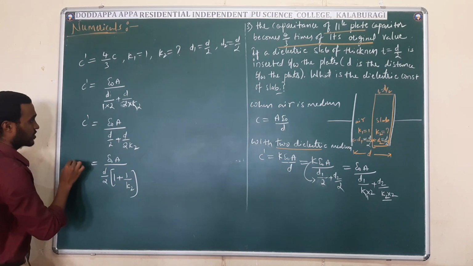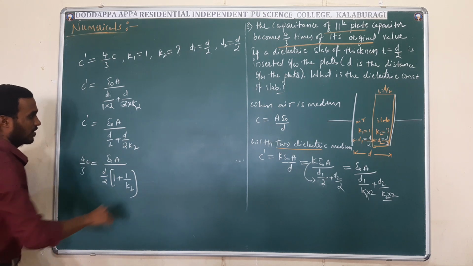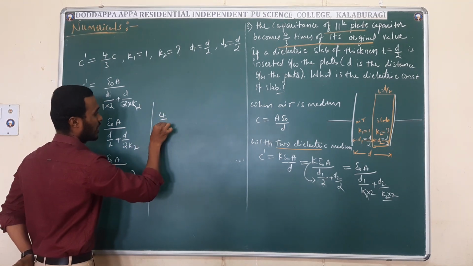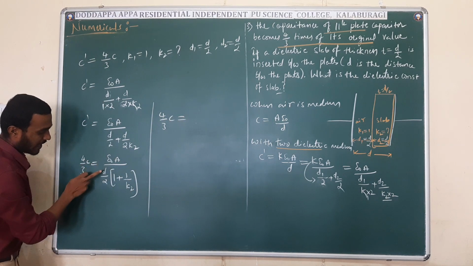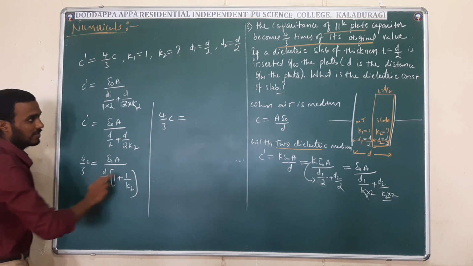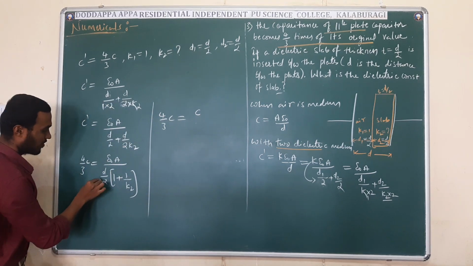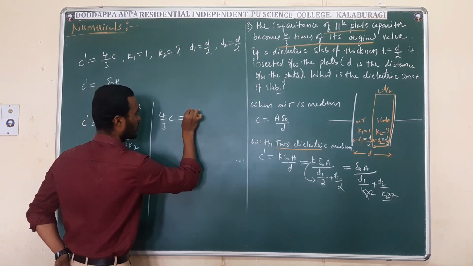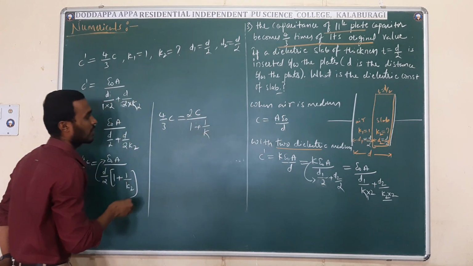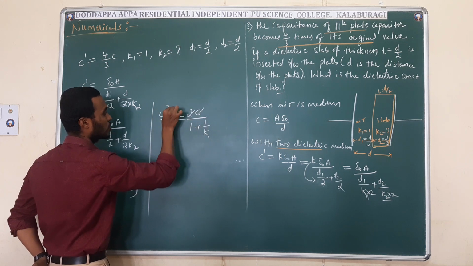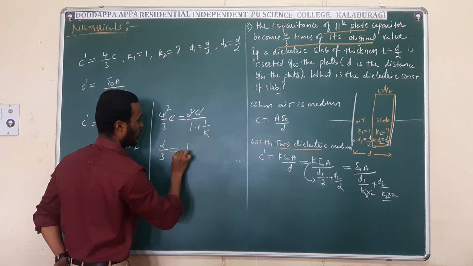So C dash is equal to 4 by 3 into C. Epsilon A by D is C. So C, this 2 I will send to the numerator, 2 divided by 1 plus 1 by K2. This cancels, and 2 by 3 is equal to 1 divided by 1 plus 1 by K2.